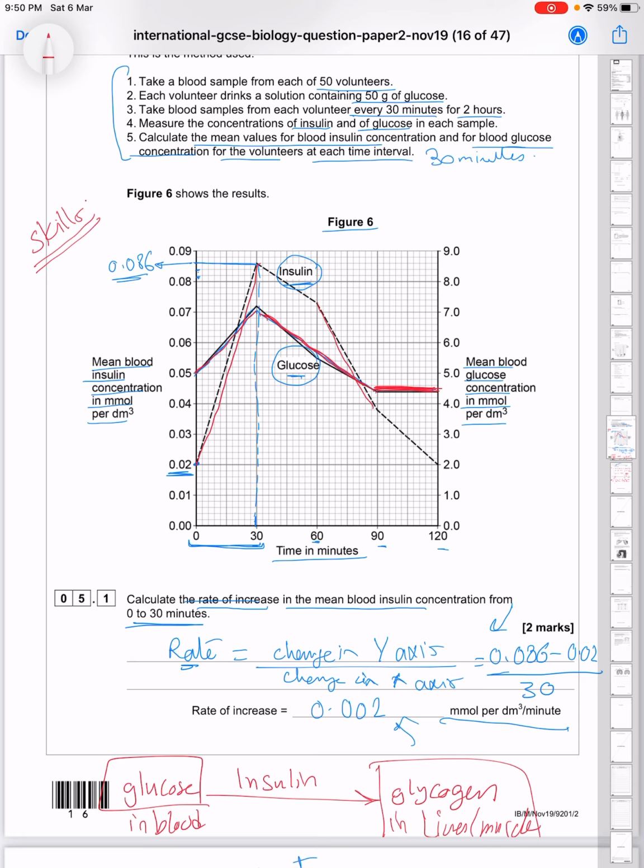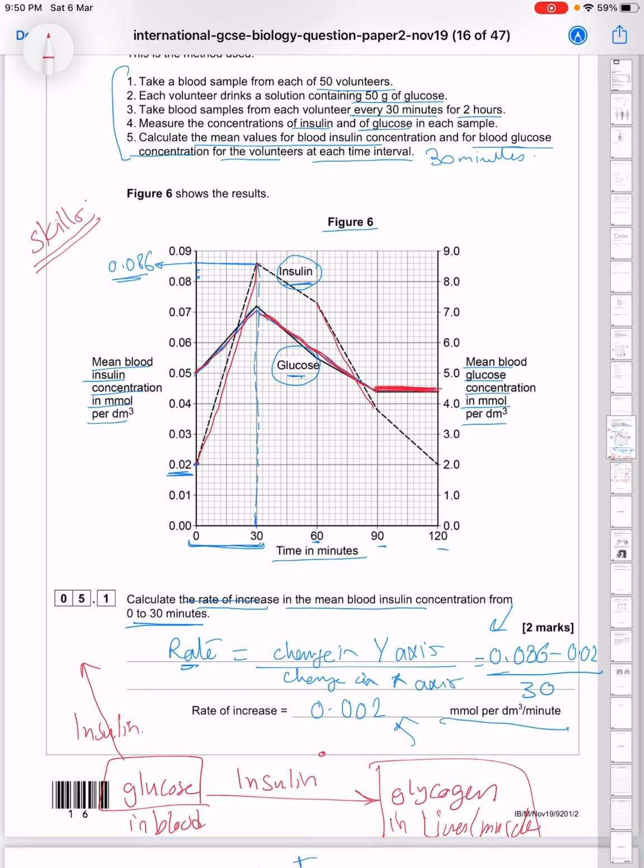Also, something else that I want to make clear: insulin does not only convert or store glucose into glycogen in the liver and muscle, insulin also promotes or encourages cells to absorb glucose.